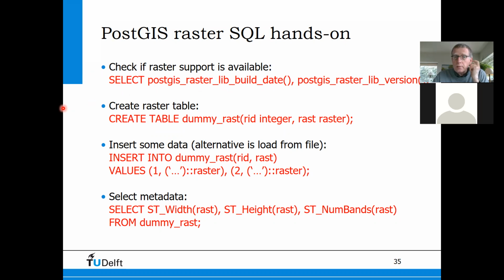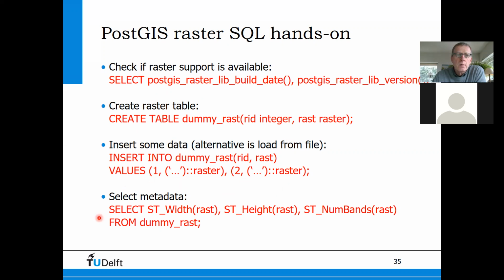You can create a raster table, create a table dummy raster with two attributes, an identifier and the raster object, so either the complete image if you don't want to tile, or one of the tiles. And you can start inserting or populating the raster, insert into the dummy raster table both identifier and the raster values. So ID1, here the raster values casted to a raster, and the same over here.